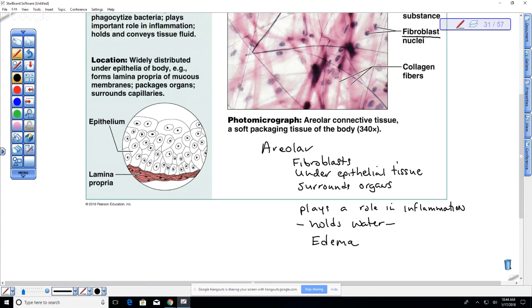And so you can get a swelling that is in all the tissues. And you're like, well, can't you do something about that? Can't you drain it? No, because the swelling is actually in this areolar connective tissue that surrounds all the structures. And so then you'd have to do something else to get the water out.